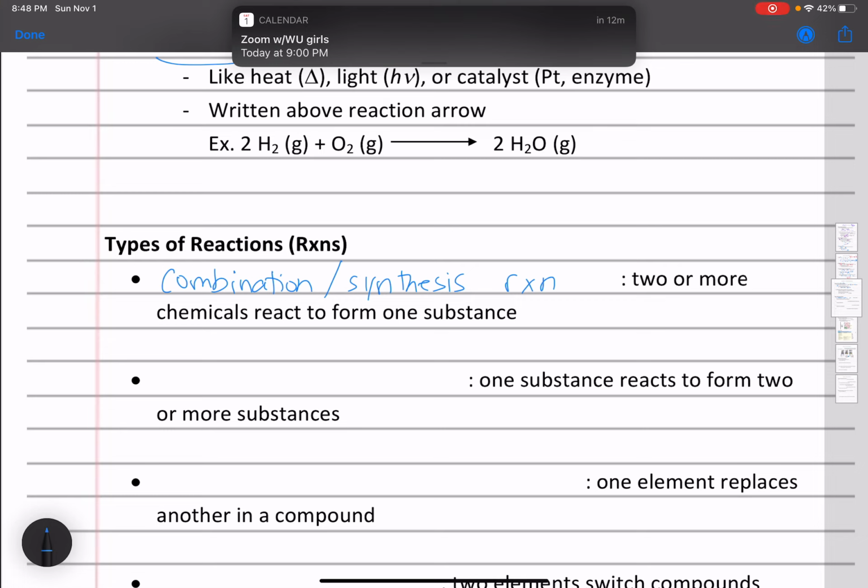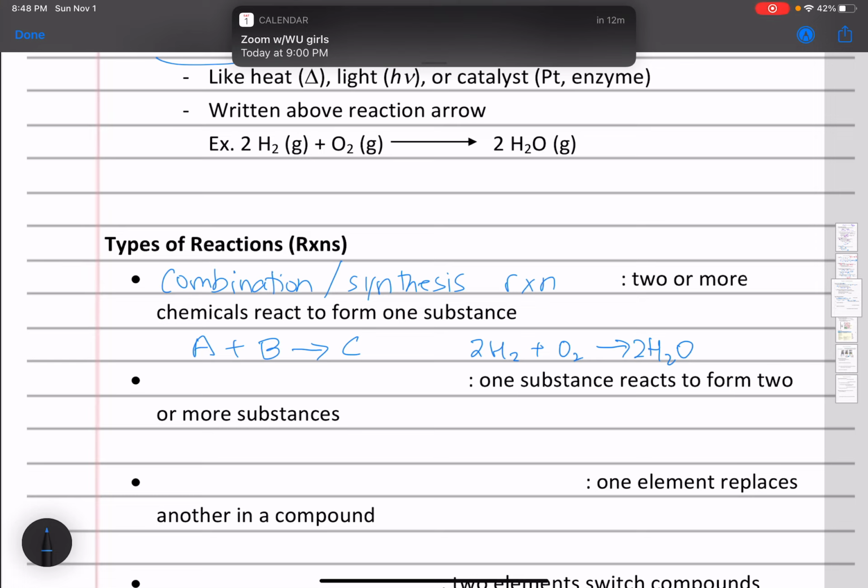So in a combination or synthesis reaction, 2 or more chemicals are reacting to form one substance. So generically, we could write that as A plus B react to form C. And an example of this is actually that equation that we just saw up above. 2 hydrogens plus oxygen reacts to form water. So we have 2 substances reacting to form one substance.